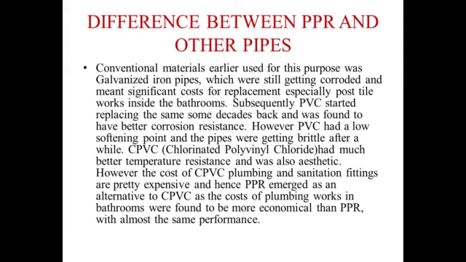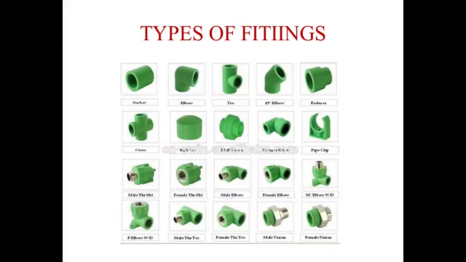CPVC had much better temperature resistance and was also aesthetic. However, the cost of CPVC plumbing and sanitation fittings is pretty expensive compared to PPR. So PPR emerged as an alternative to CPVC, as the cost of plumbing works in bathrooms was found to be more economical with almost the same performance. But in the case of PPR, the fittings are different. It has to be done mechanically.